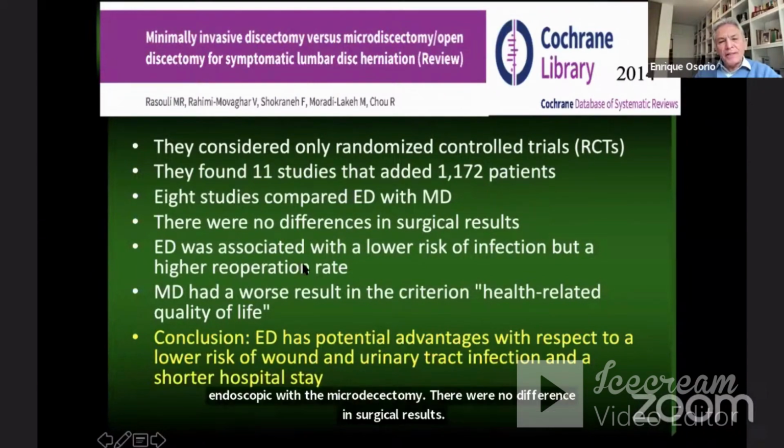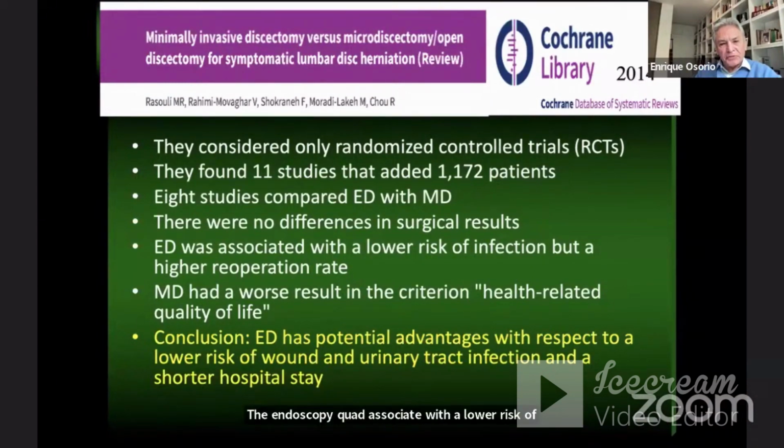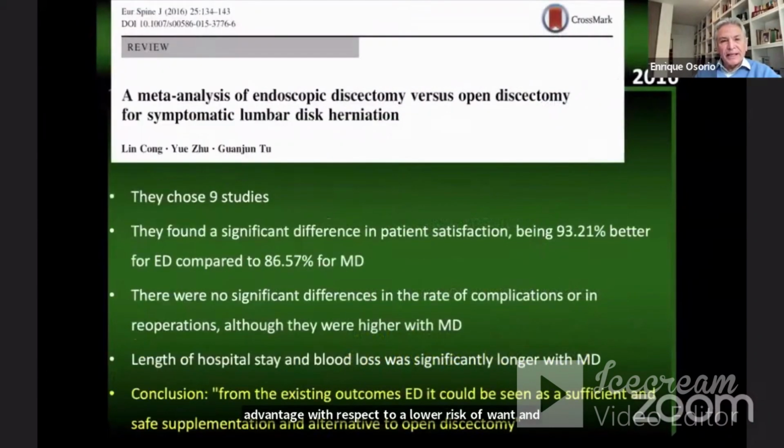The endoscopic was associated with a lower risk of infection but a higher reoperation rate. Microdiscectomy had a worse result in the criterion health-related quality of life. The conclusion was that the endoscopic discectomy has a potential advantage with respect to a lower risk of wound and urinary tract infections and a shorter hospital stay.